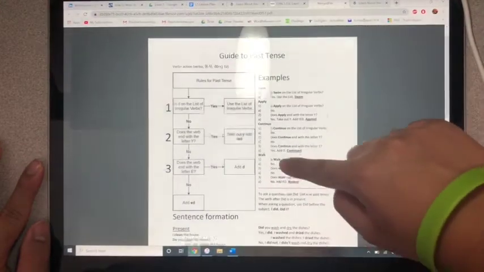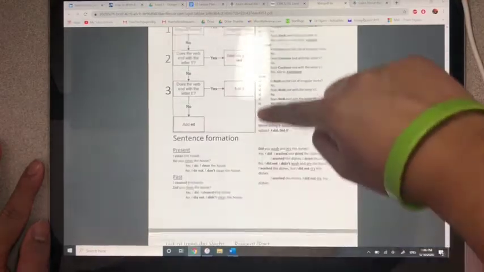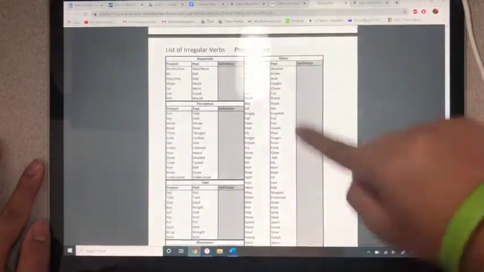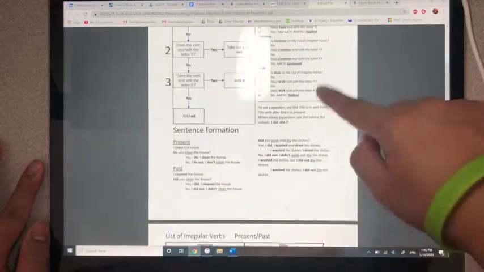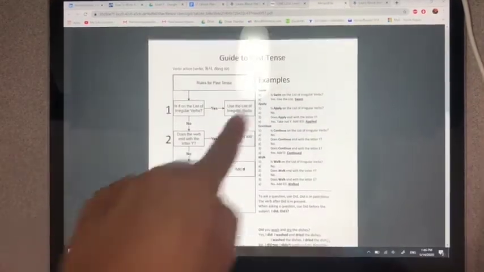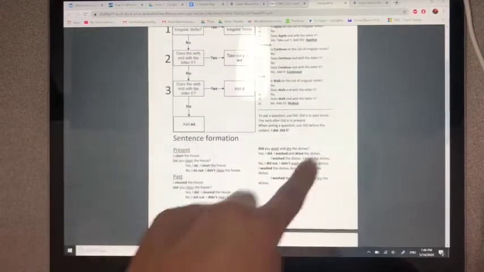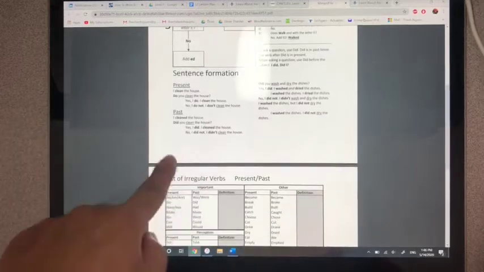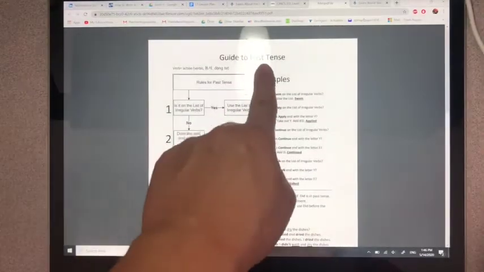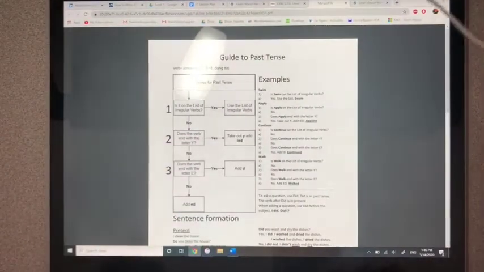It's called the Guide to Past Tense, and it has all the rules you need, and it has a lot of words you need to know. So this is very important. You probably already have this paper. It's the same paper. We're going to use this for the next 3-4 weeks because the past tense is very important.